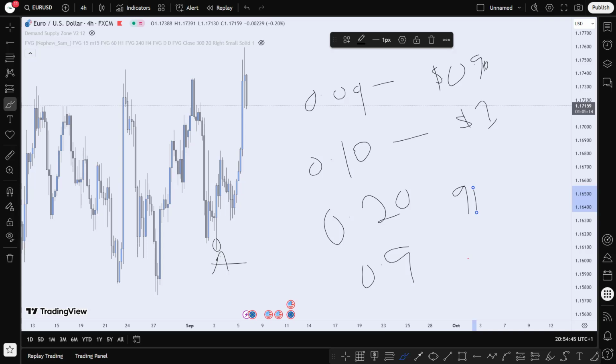Anybody wants to try? 91 pips. If 1 pip is $9, what would 91 pips be?